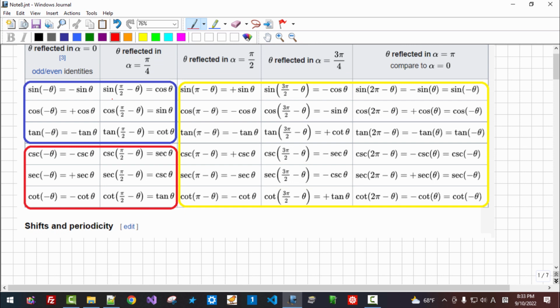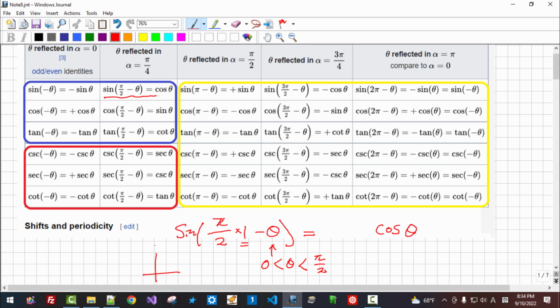For example, in this case, sine of pi over 2 times 1 minus theta, n is odd, so it can be cosine theta. We assume theta is greater than 0 and less than pi over 2.